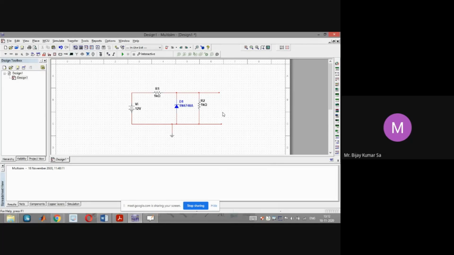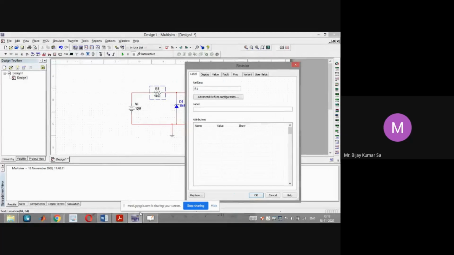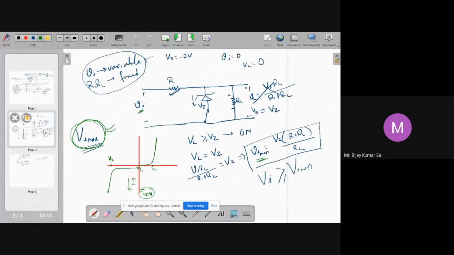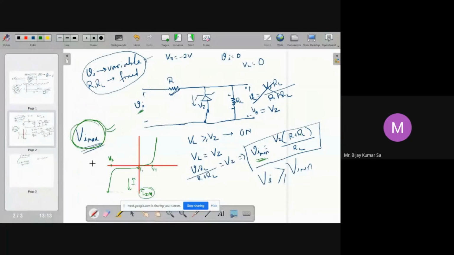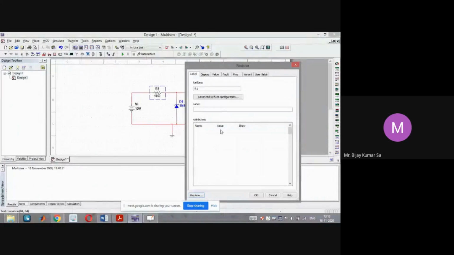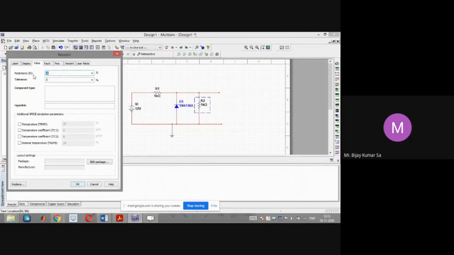So in this scenario, suppose I change the value of this RL to 500 ohm.